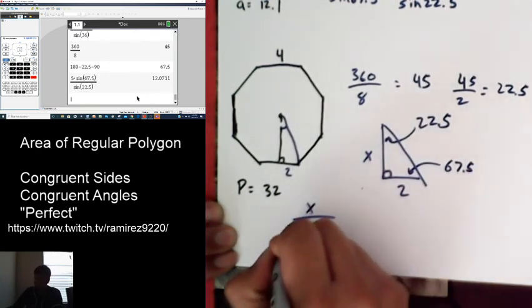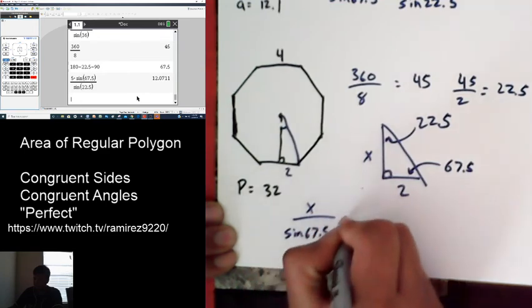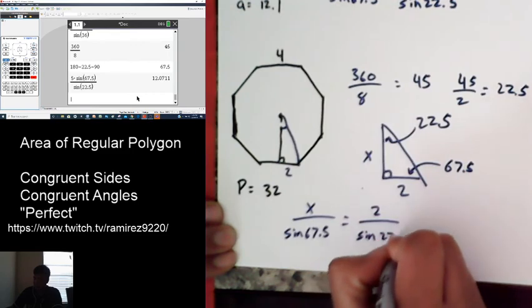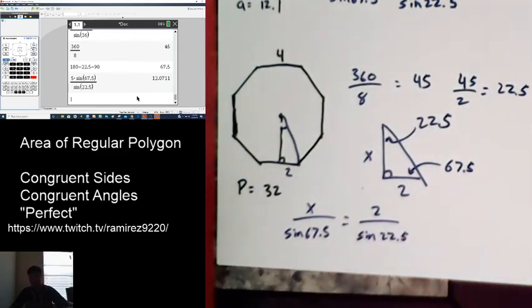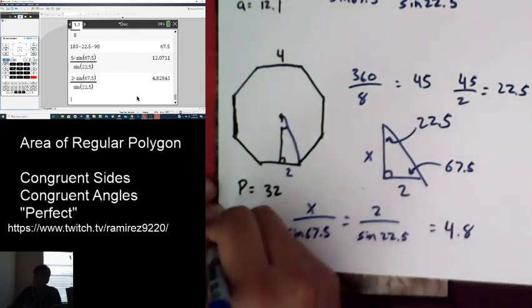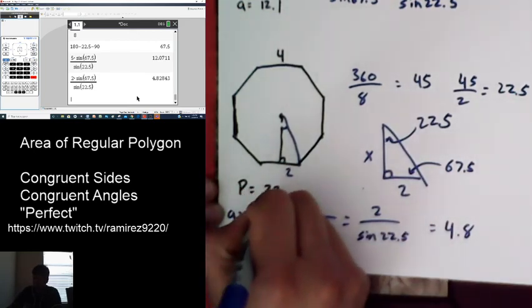X is to the sine of 67.5, and 2 is to the sine of 22.5. When I do the work, cross multiplication, 2 times the sine of 67.5 divided by the sine of 22.5. So I get that my apothem should be basically 4.8. Okay, my apothem is 4.8.